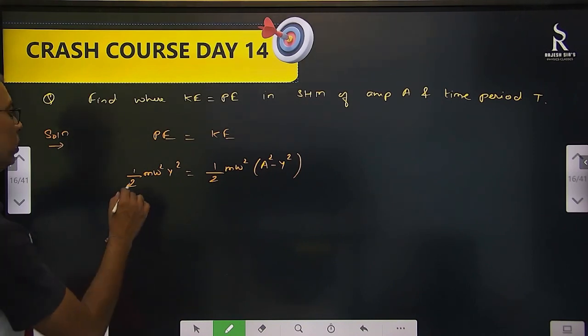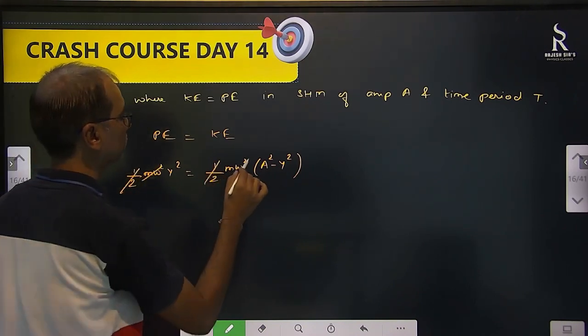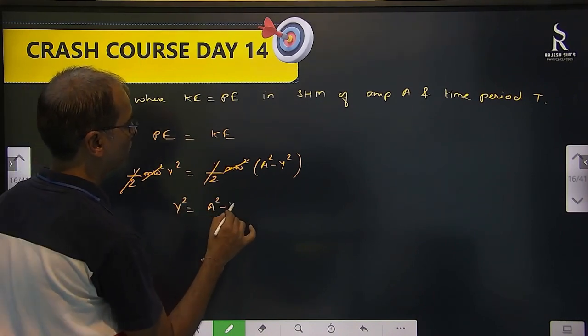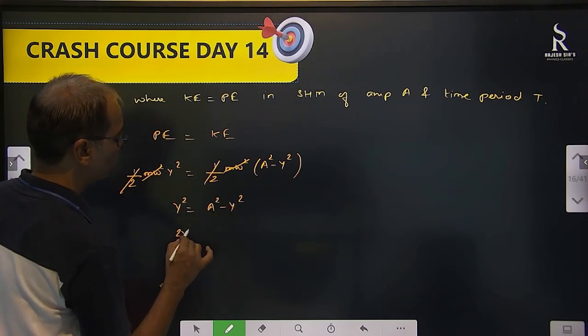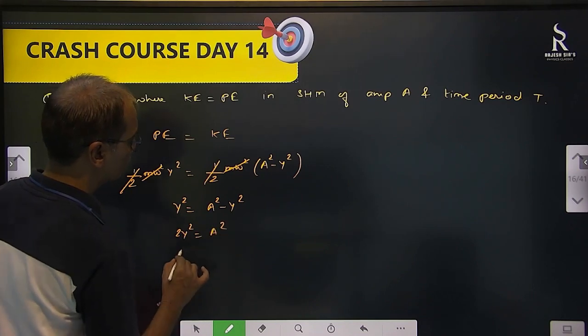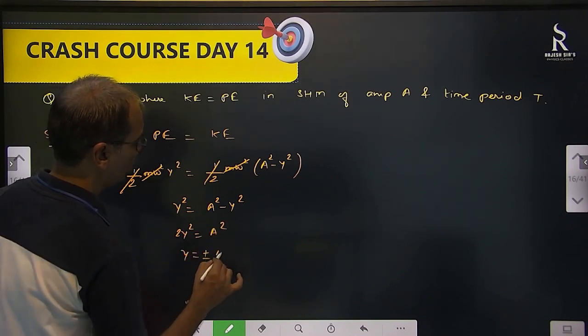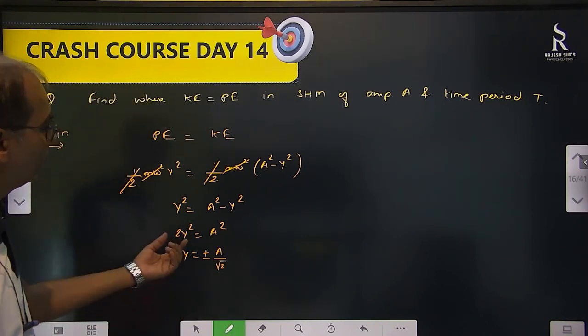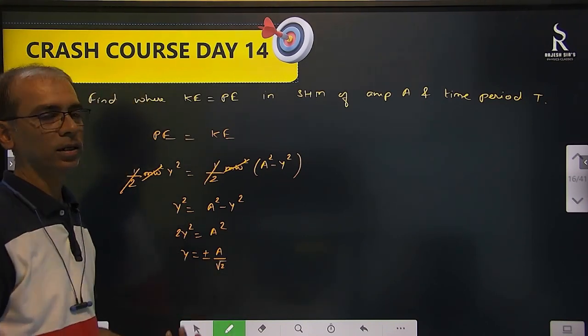Okay, so half m omega square you can see is cancelled. So y square equal to a square minus y square, that is 2y square equal to a square, that is y equal to plus minus a by root 2. Okay, at a by root 2, potential and kinetic energy will be equal.